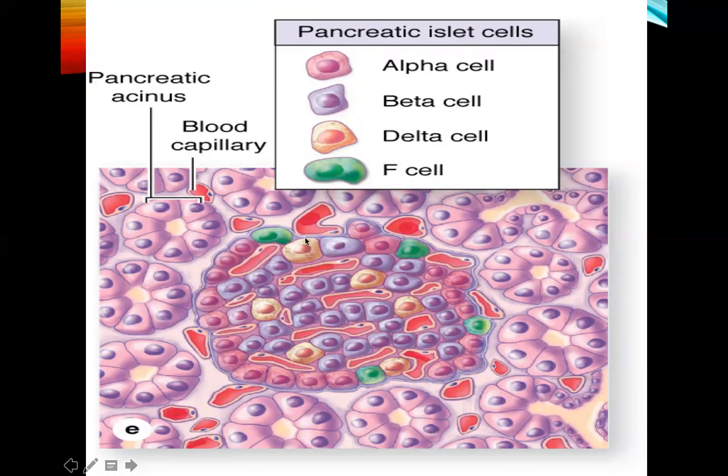Some delta cells are scattered and F cells are less numerous. Pancreatic acinar cells are the ones being pointed at right now by the arrow. They're all pancreatic acini, and they have acinar cells. This is the exocrine portion, and the islets of Langerhans is the endocrine portion.